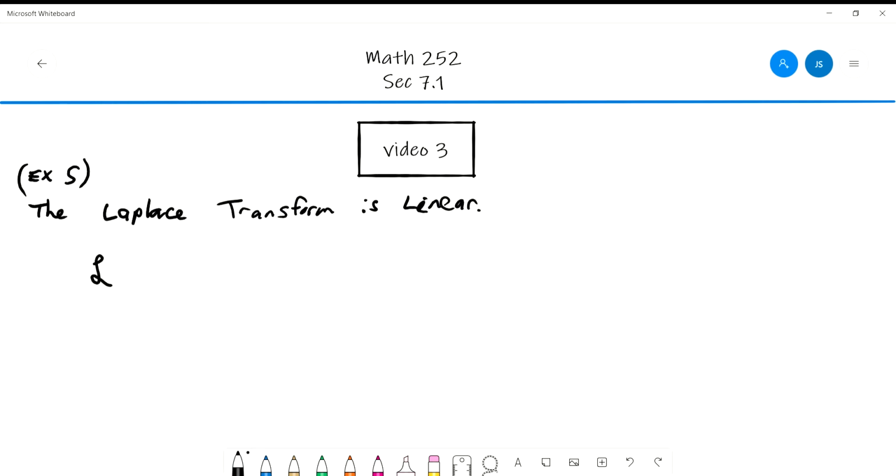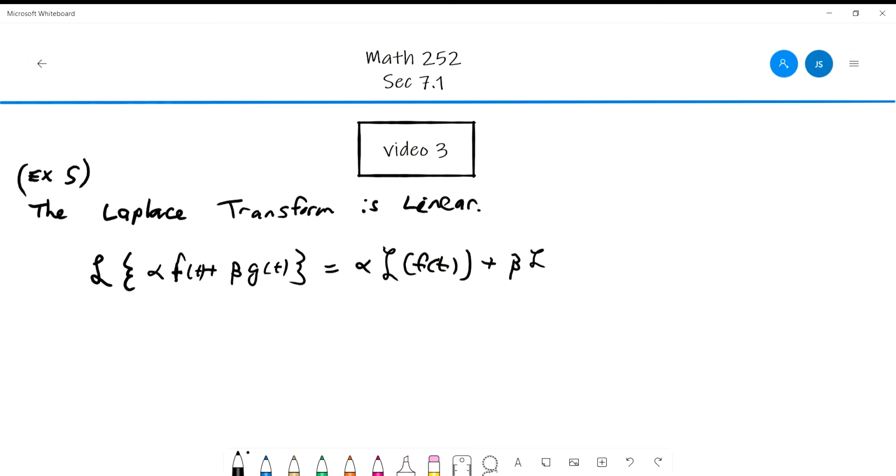So the Laplace transform of alpha times f plus beta times g of t is alpha times the Laplace transform of f plus beta times the Laplace transform of g.